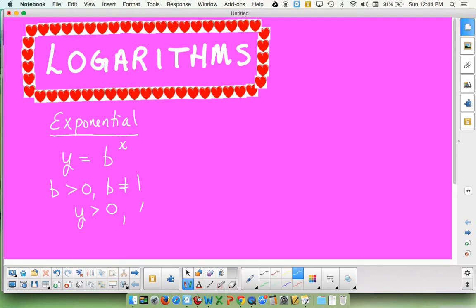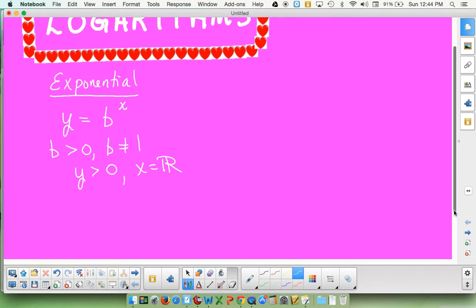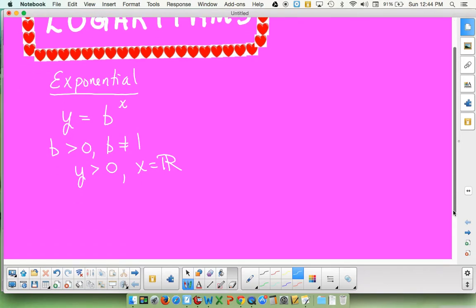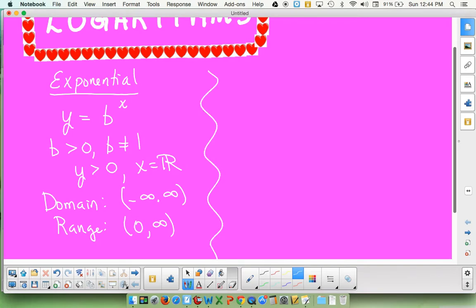X could, of course, be any real number, which then, more specifically, if you translate that, said that our domain for exponential functions was any number from negative infinity to positive infinity, but our range for y-coordinates had to be greater than 0, going to infinity. Okay, because that very concept is what's going to lead us to logarithms.